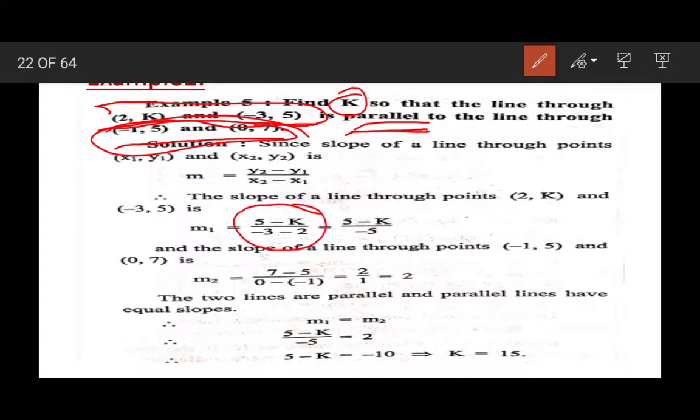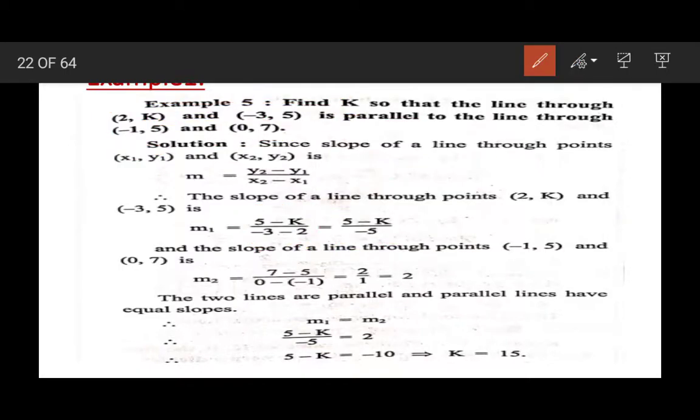Slope of the first line is (5 minus k) upon (minus 3 minus 2), which is equal to (5 minus k) upon minus 5.